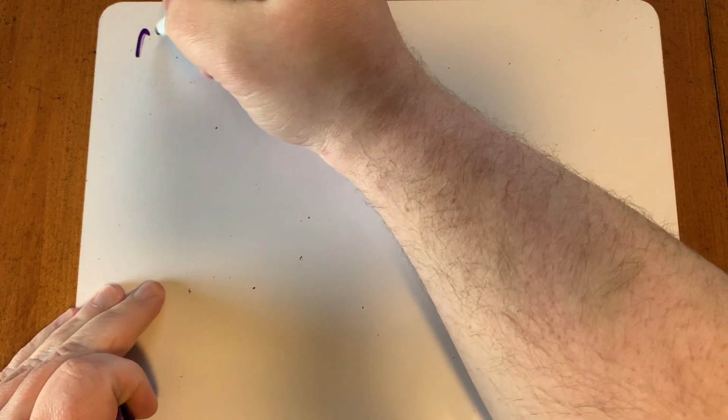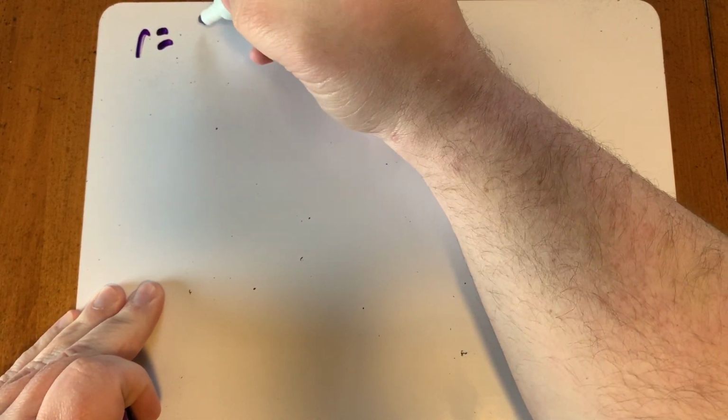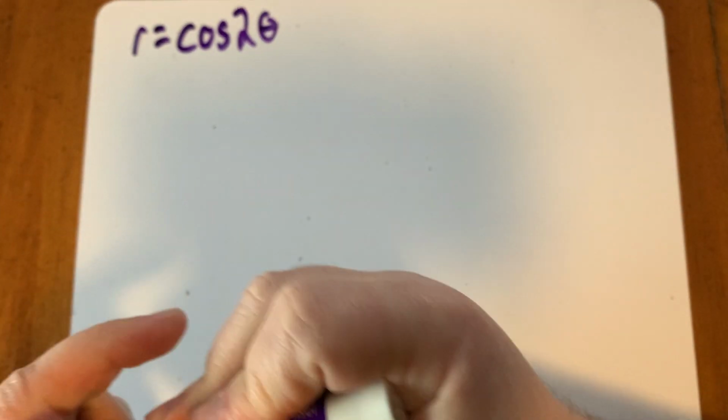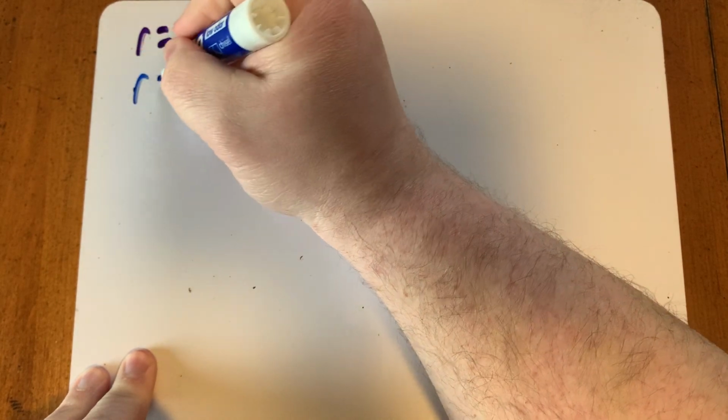So let's try one more. Let's say we had r equals cosine of 2 theta, and r equals 2 cosine of theta.